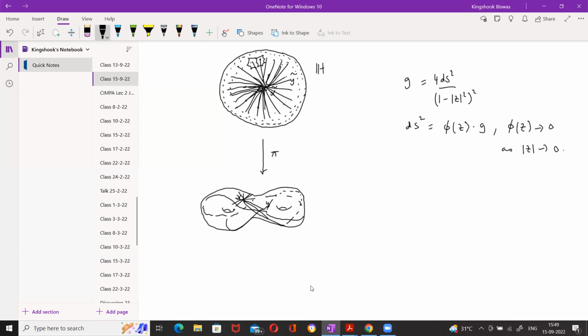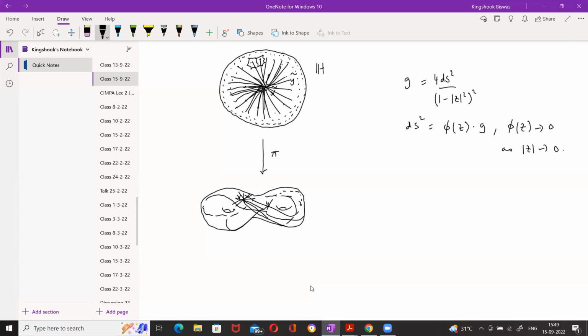Sir, I have a question. Is it possible that these geodesics can self-intersect? Oh, they have to. Of course, they'll intersect. Most of them will self-intersect. The geodesics in this surface will be complicated.